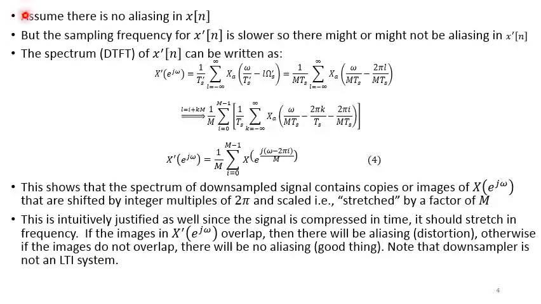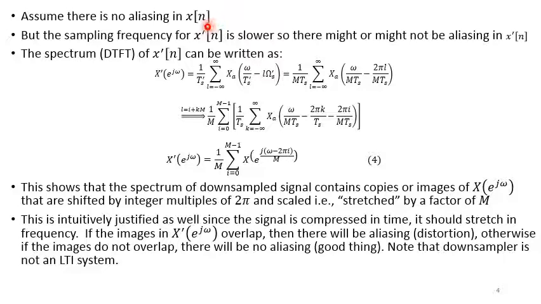We assume that there is no aliasing in x of n. That means x of n was sampled using the Nyquist criterion, that is, the sampling frequency is higher than 2 times the maximum frequency present in this signal.